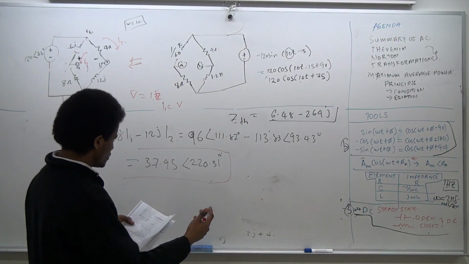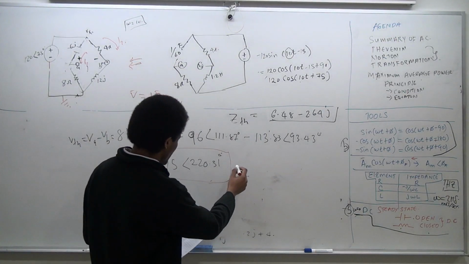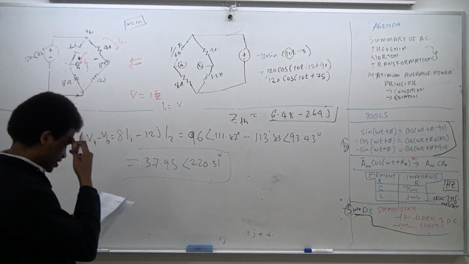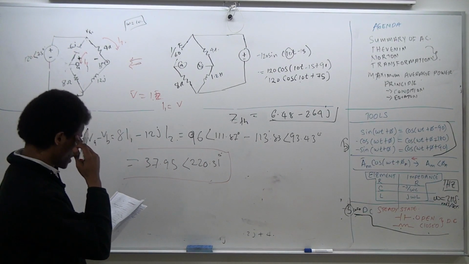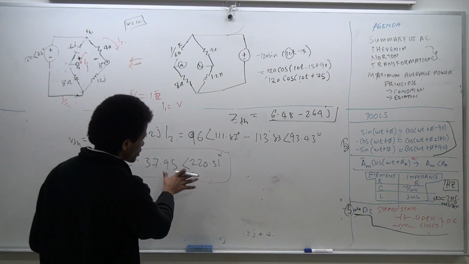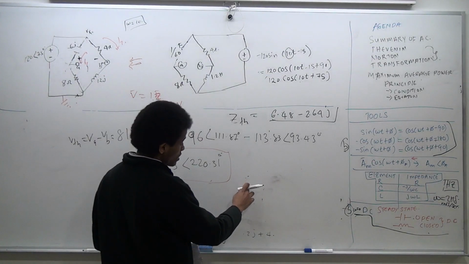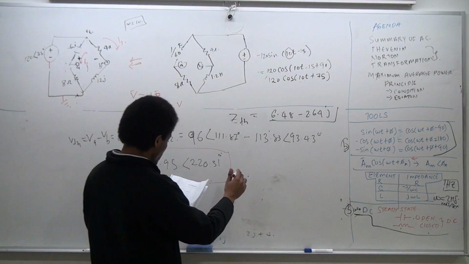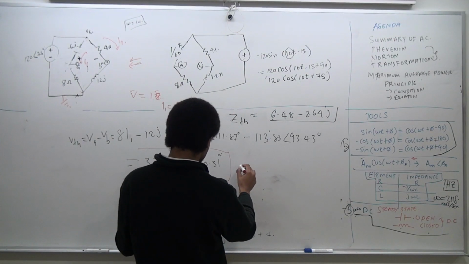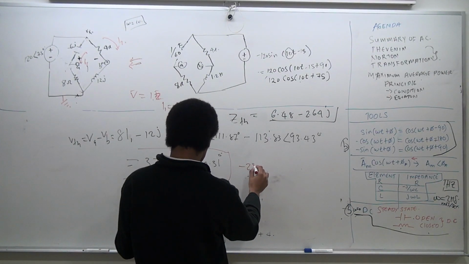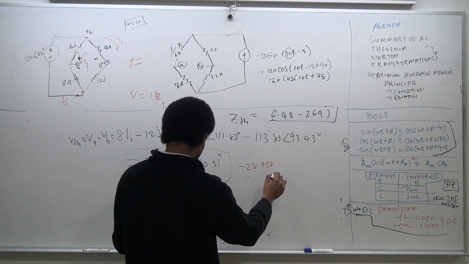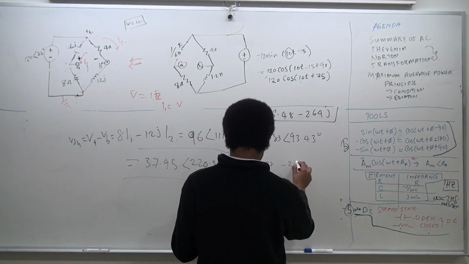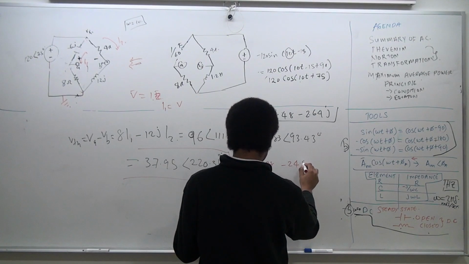Does anybody have an idea of what the value of that is going to be? What are you guys getting? Yeah, Cartesian coordinates. I'm just converting now the polar to Cartesian coordinates. You get negative 28? Negative 28, uh-huh. 0.938 and minus 24.55J.